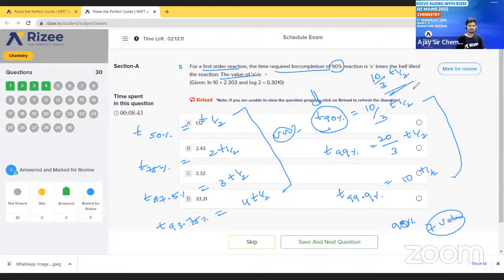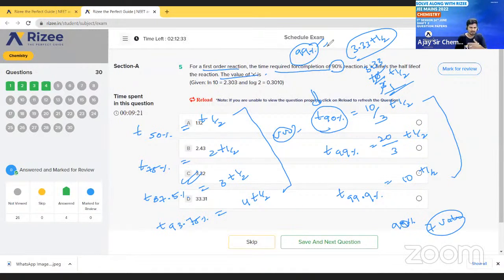We will get a value of 3.33 or 3.32, so we can say simply 3.3 T half. So what is the answer? Option C is the correct option, 3.33 T half. If they give 99% of the reaction is completed, then what is the value?